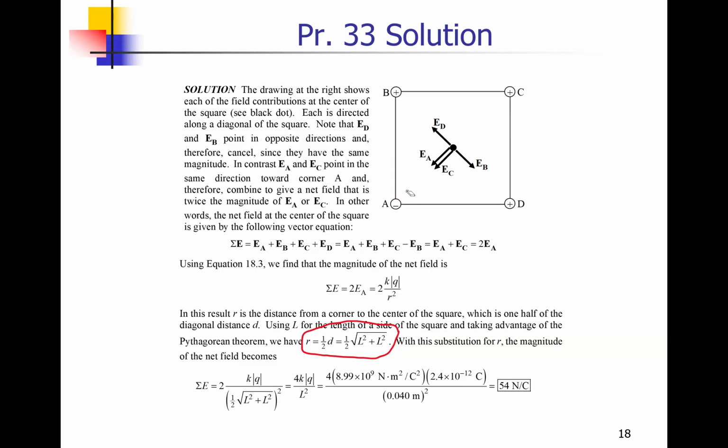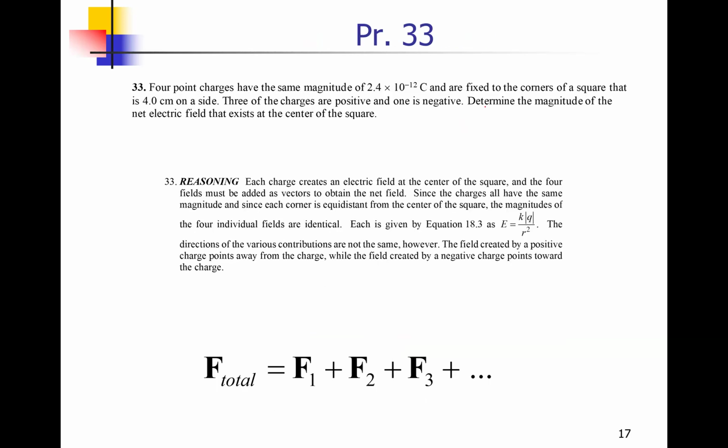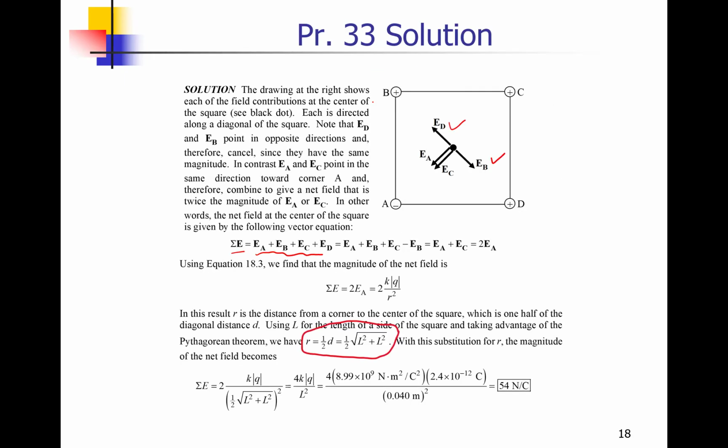And then what we have is the total electric field equal to the superposition of all the electric fields. ED and EB have the same magnitude, because all the charges have the same magnitude. So ED and EB will cancel out each other, right?